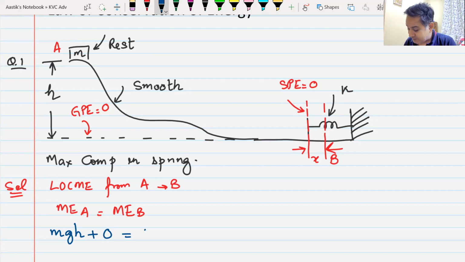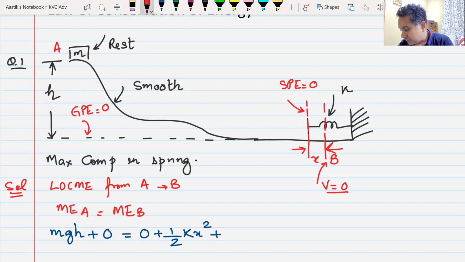At point B, the gravitational potential energy is 0, but we have spring potential energy, and that is half kx square. Plus the kinetic energy at this point where it goes to maximum compression, the velocity of the block should become 0. That is what you need to understand. So the kinetic energy also becomes 0.